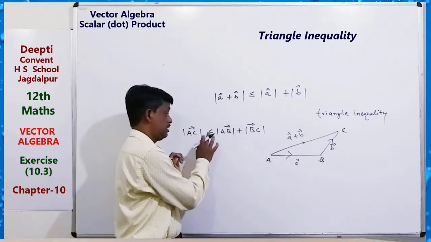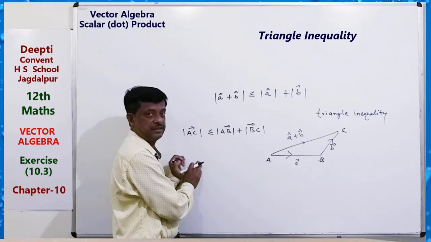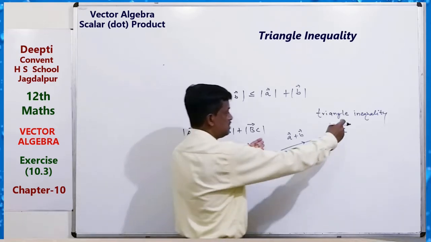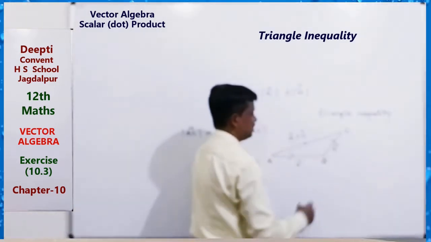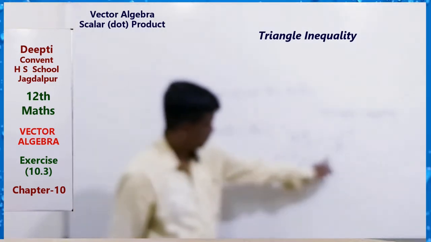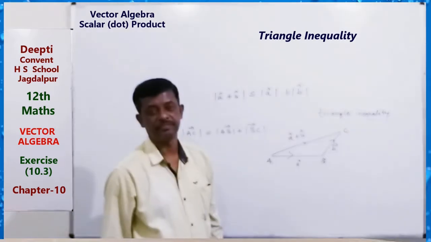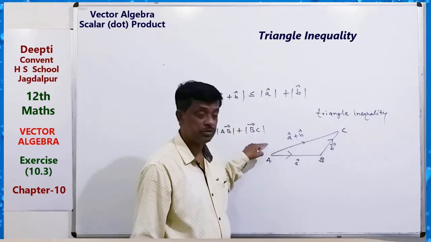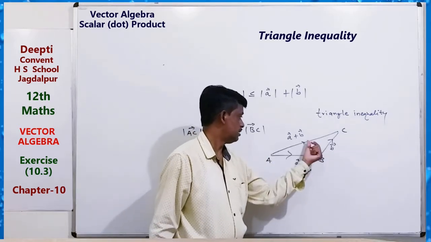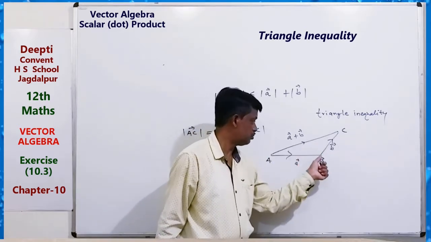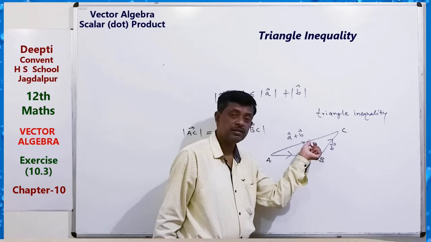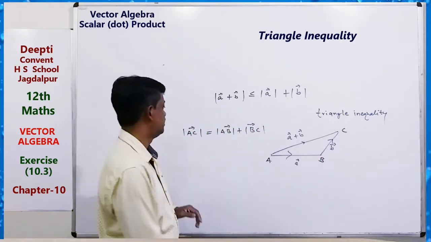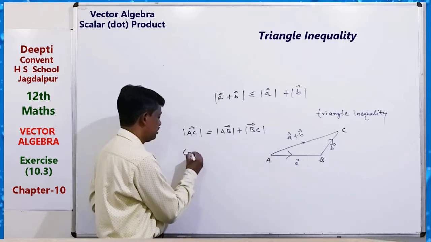But if we take the equal sign here, then modulus of this equals modulus of this plus modulus of this. That means what? B will lie on this line, because mod of this equals this plus this. This is divided into two parts, this and this. So B will lie on this line. That means A, B, C are collinear. So collinearity.